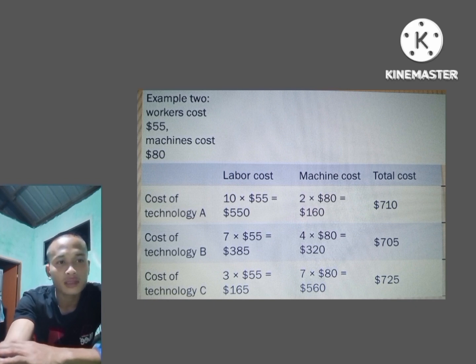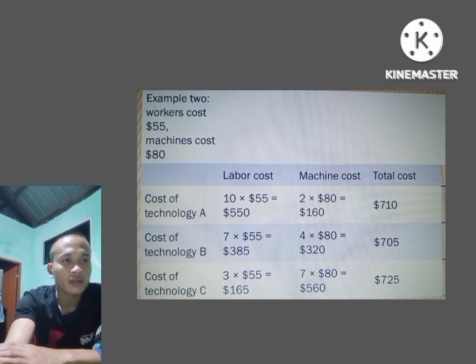$705. And next is the cost of technology C: 3 workers times $55 worker cost equals $165. Then the machine cost is 7 machines times $80 machine cost, which is $560.